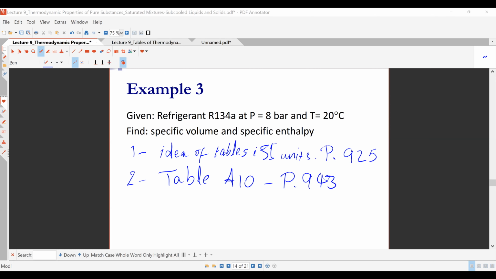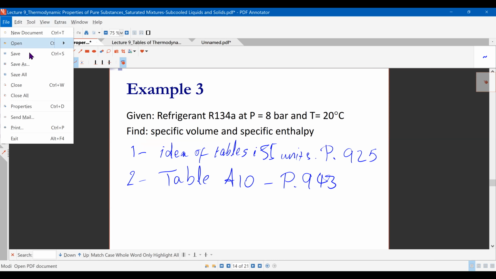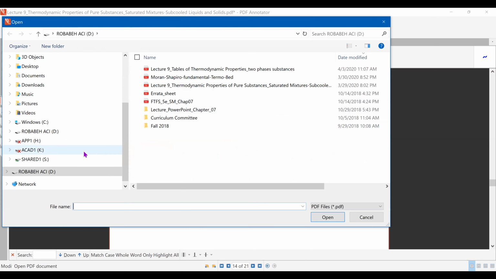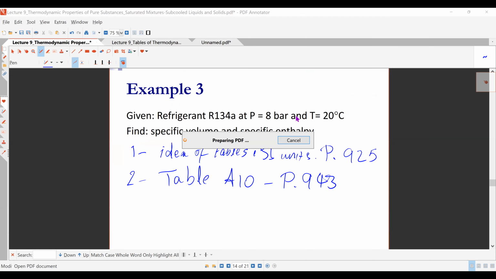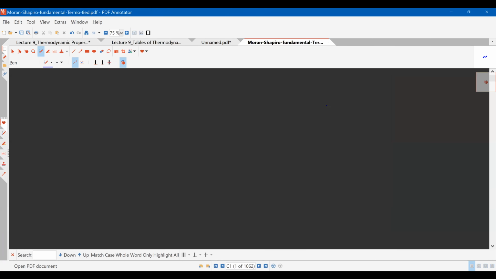Let me open it in this software so that I can highlight it.